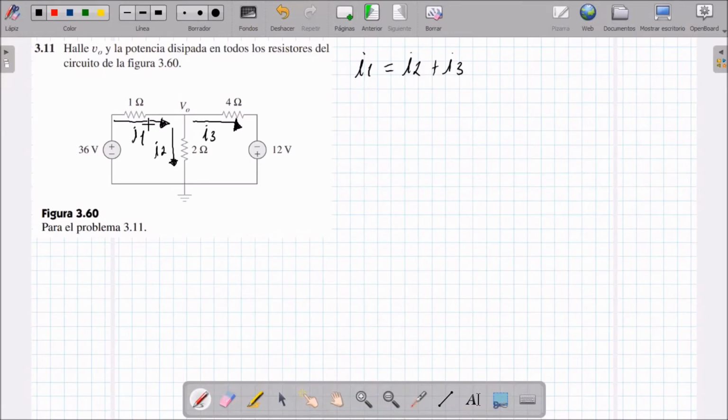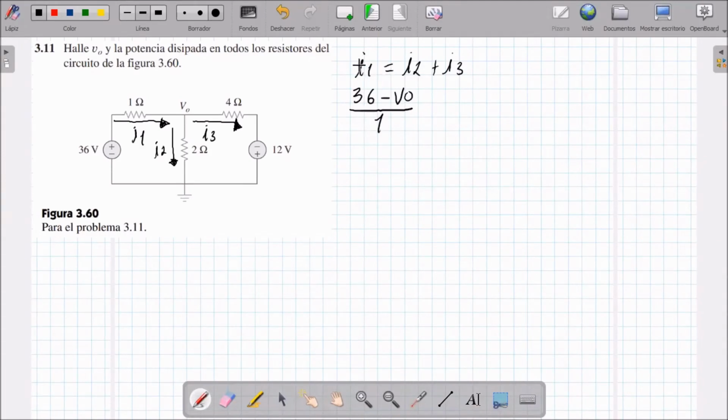It is a difference of voltage with 36. Since the current has this direction, it is assumed that 36 volts is greater than V0, as we ourselves read by the direction. I say 36 volts minus V0 over 1.